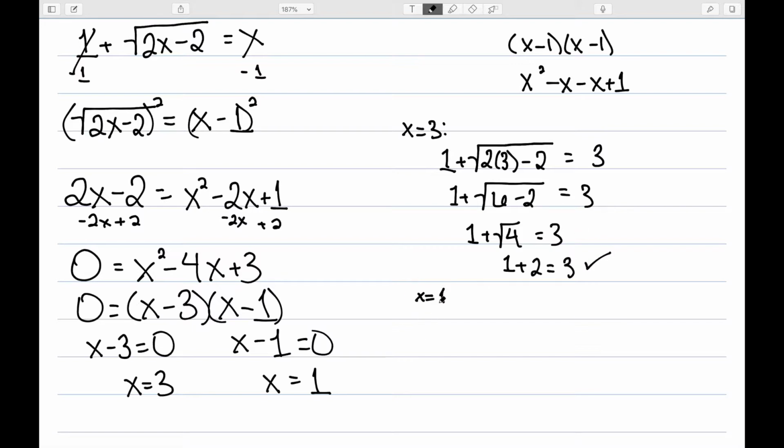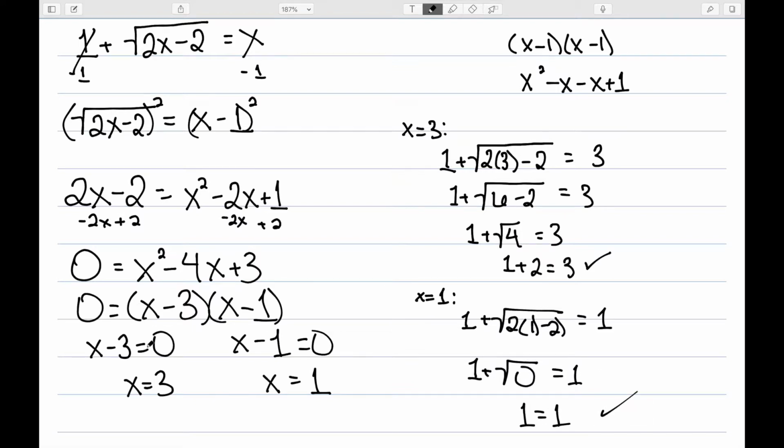What about x equal to 1? Now I have 1 plus the square root of 2 times 1 minus 2, should be equal to 1. Well, that's 1 plus the square root of 0 equal to 1, which means 1 is equal to 1, which works. So both of these are valid solutions to this equation.